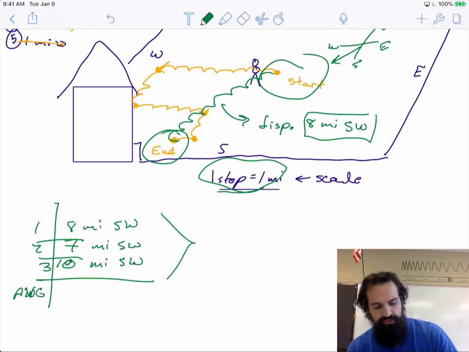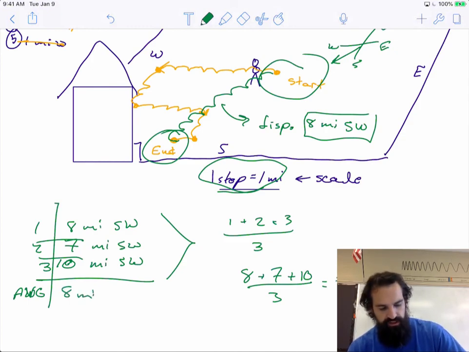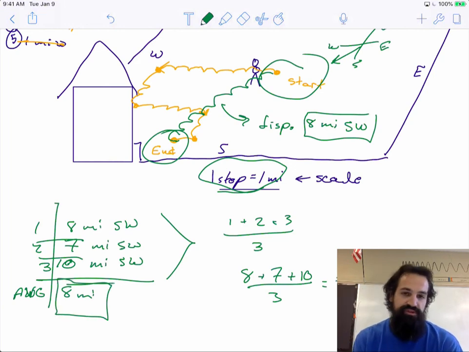To calculate the average, we're just going to do trial 1 plus 2 plus 3, and because we had 3 trials, we're going to divide it by 3. So 8 plus 7 plus 10 divided by 3, and that's 25 divided by 3, which is 8.33 miles. And we now have an average displacement.